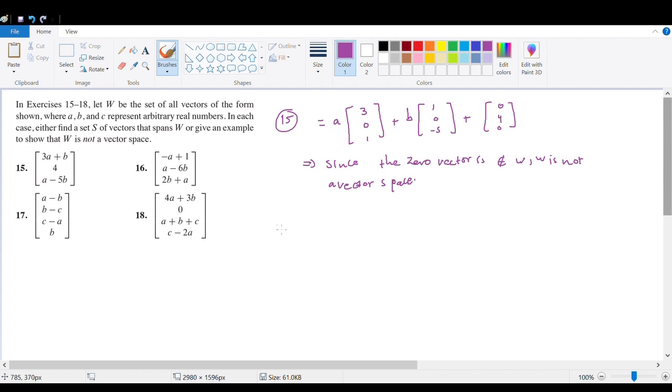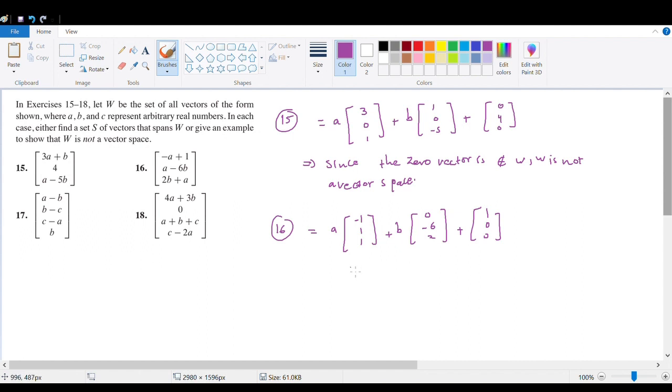So now for 16, we can rewrite this one. It is equal to, if we take A similarly, then here we have minus 1, 1, 1, plus for B, we have 0, minus 6, 2, then also we have 1, 0, 0.